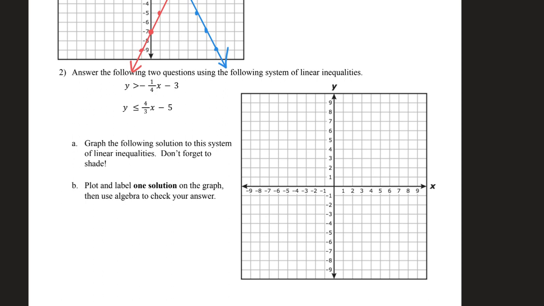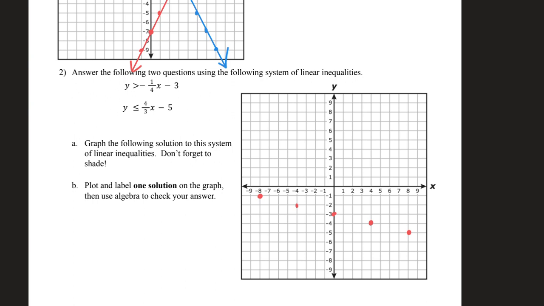All right, now we're graphing a system of linear inequalities. So we're going to graph like normal. So the first line starts at -3. My slope is -1/4. So down 1 over 4, down 1 over 4, up and to the left, up and to the left.